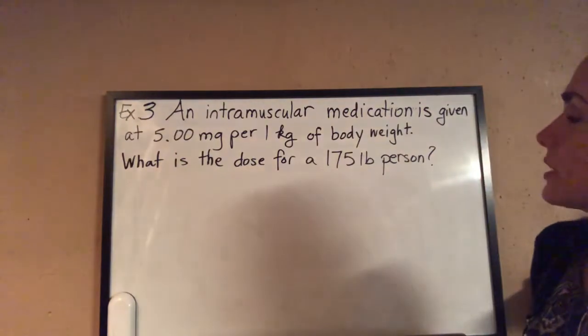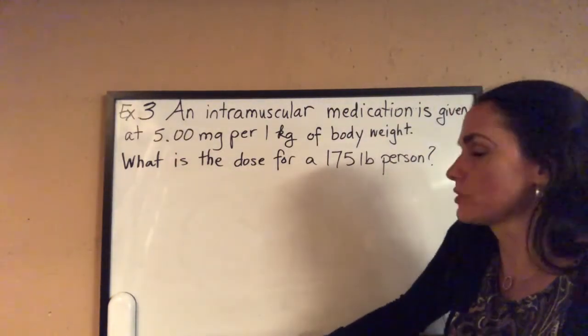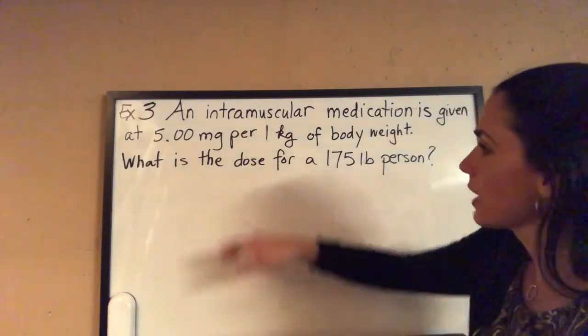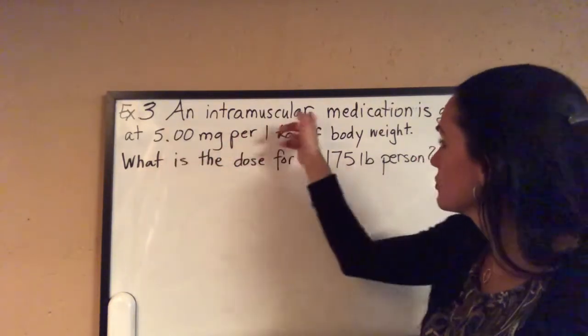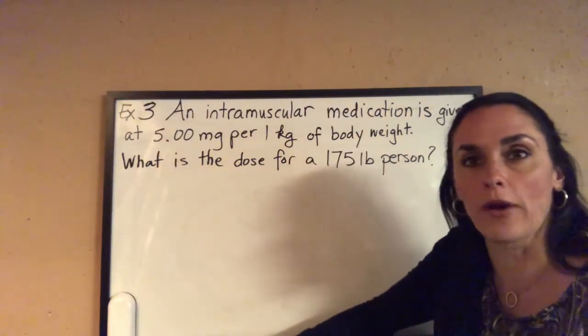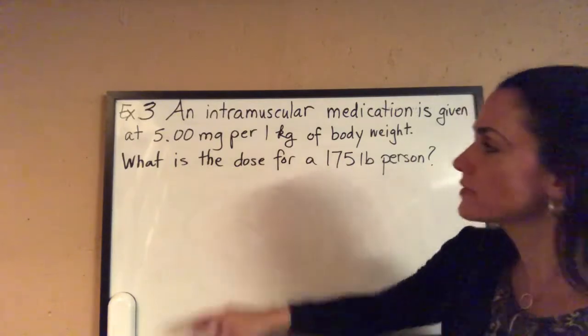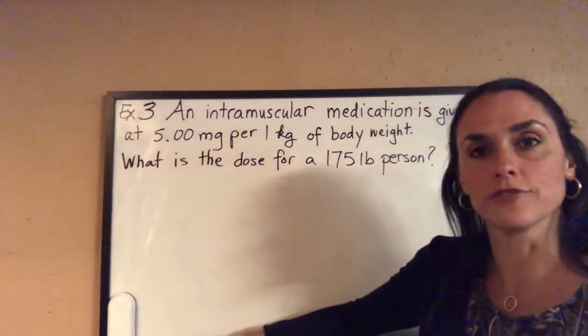Medication dosages are based upon the person's weight so that they are effective. 5 milligrams of this medication per 1 kilogram of body weight. If the person weighed 1 kilogram, which is roughly 2.2 pounds, basically a premature infant, then 5 milligrams would be sufficient.